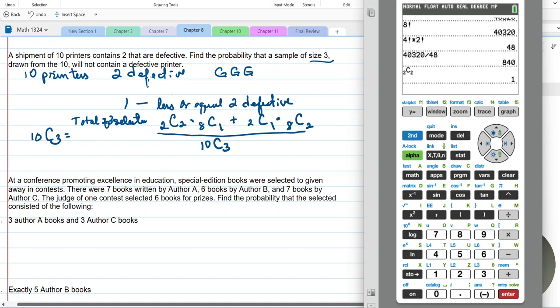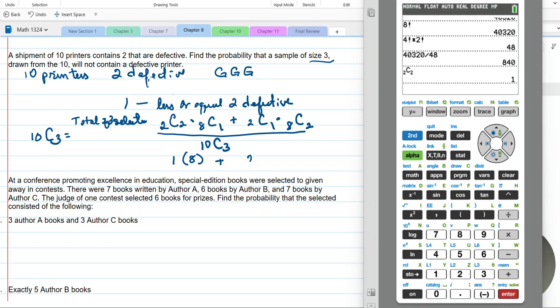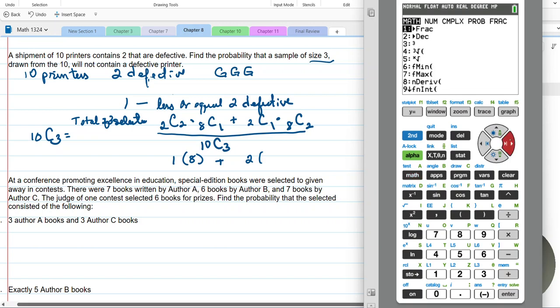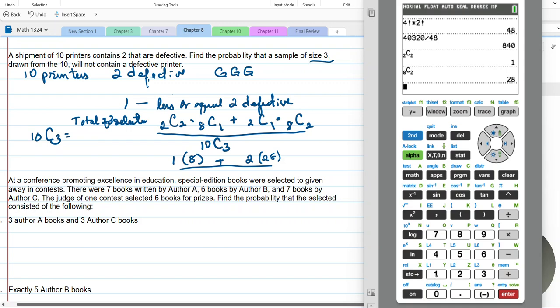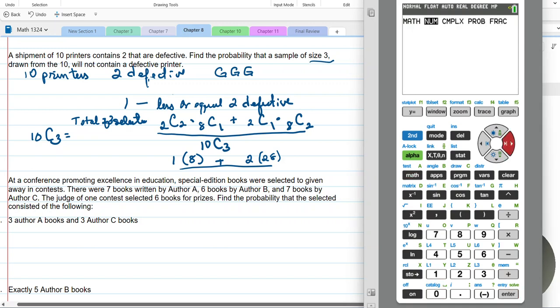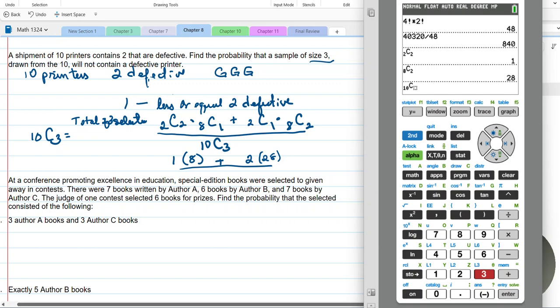And of course, that's 1. And 8, choose 1 is 8. 2, choose 1 is 2. 8, choose 2, well, let's find out. Math, PROB, 3, choose 2 is 28. And 10, choose 3 is 120.